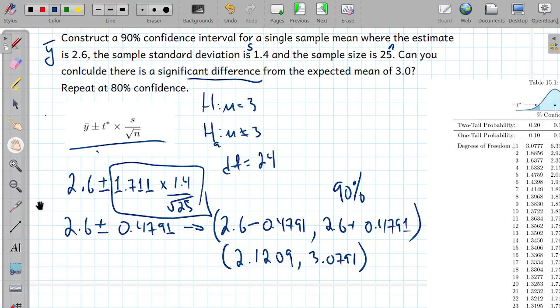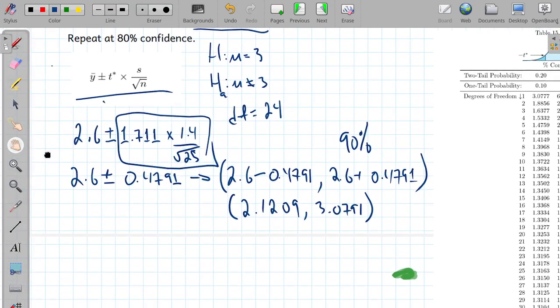If I redo this, we're going to talk about the hypothesis in a minute, but if I redo this at 80%, then that means the critical value is going to change. So the critical value, T star, for 80% is now 1.318. That's the only thing that changes, and that'll go here.